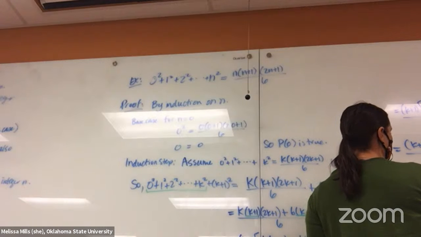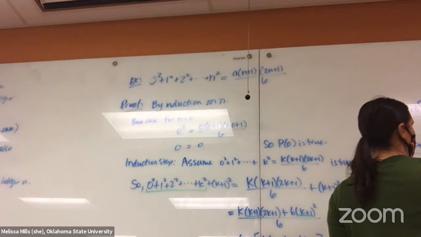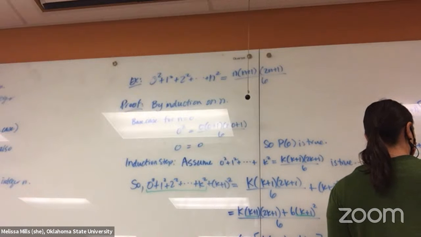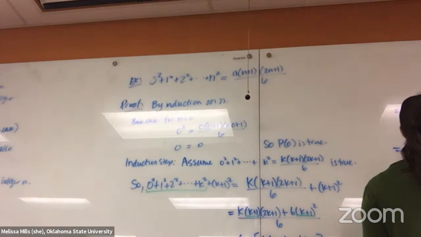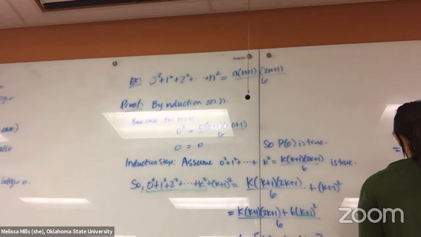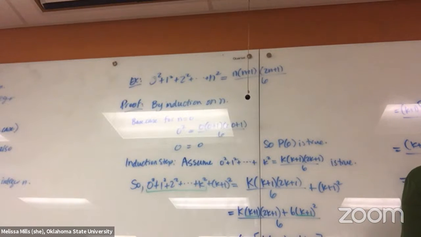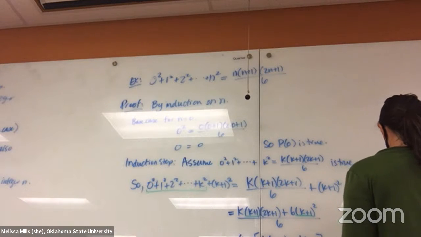Now it's just making it look right. K plus 2 is the same thing as K plus 1 plus 1. And 2K plus 3 is the same thing as 2 times K plus 1 plus 1. So P(K+1) is true. The statement is proved.